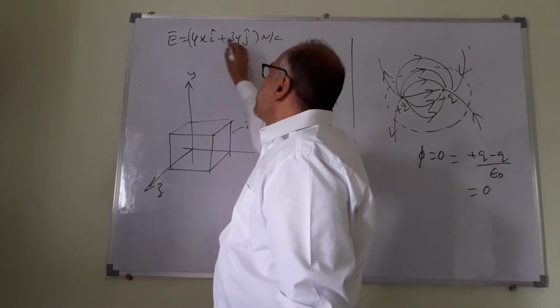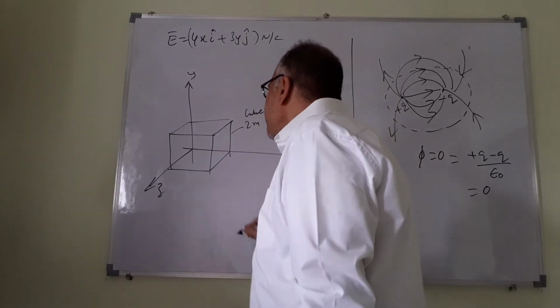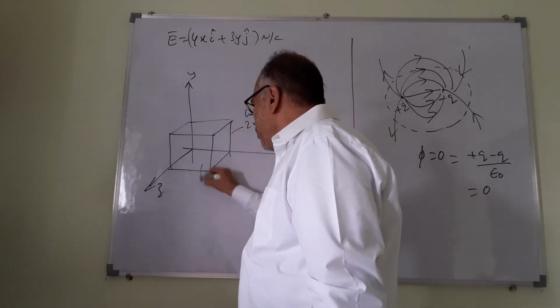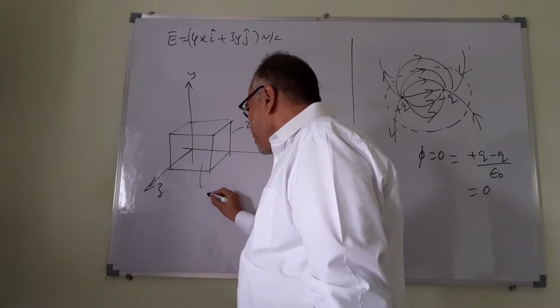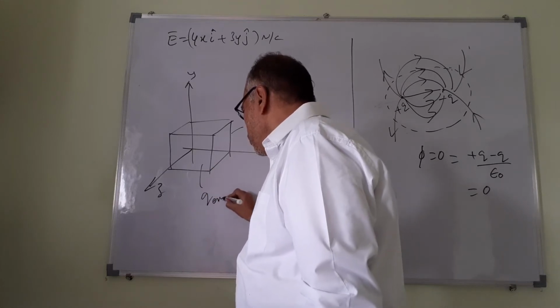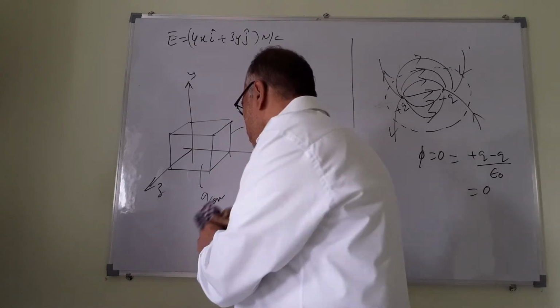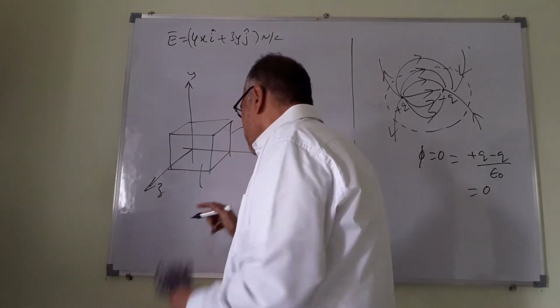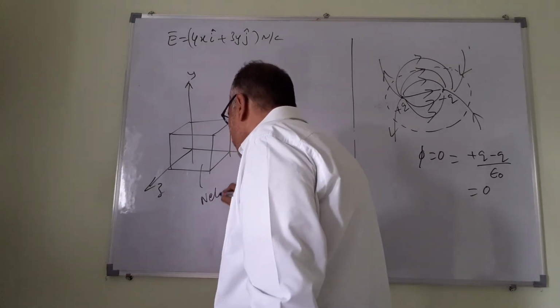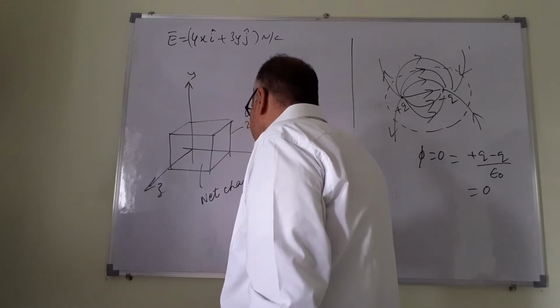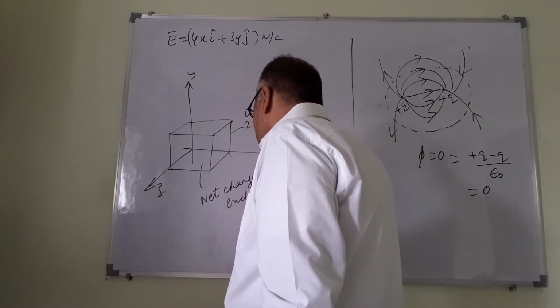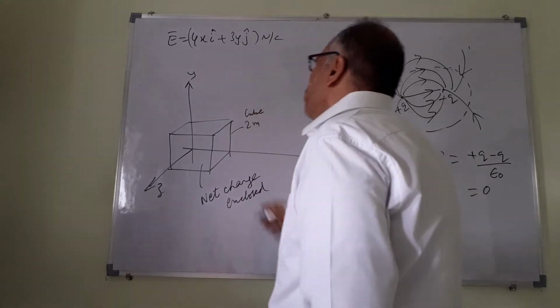It is a function of x and y, and we would like to find out what is the charge enclosed. How much is the net charge enclosed within this cube?